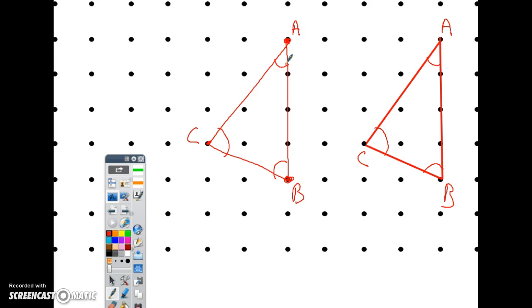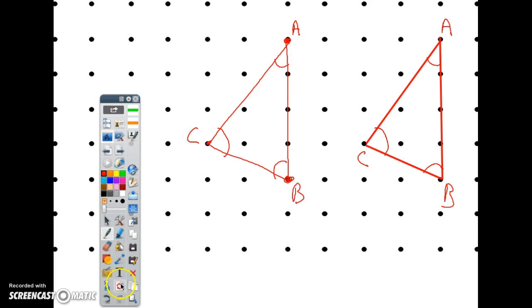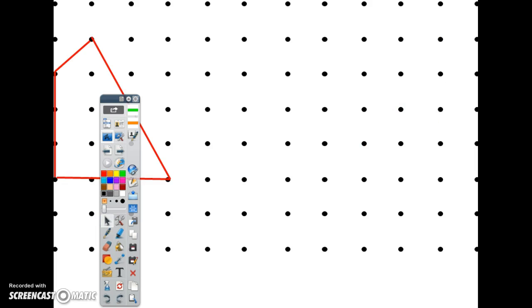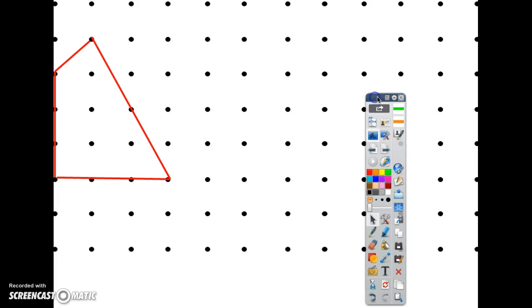Let's try one more maybe. Again, I'm just going to start with A and then B, and I have a C and my D. So I'm coming over here.